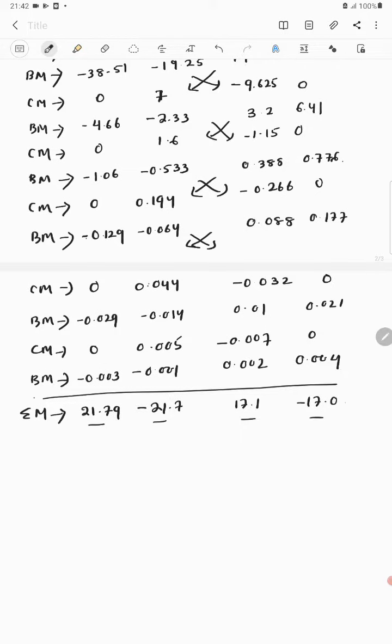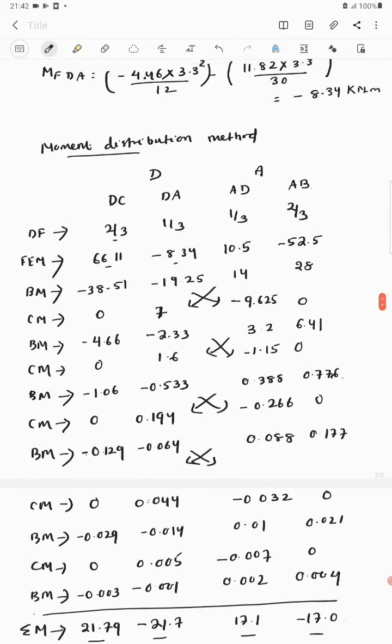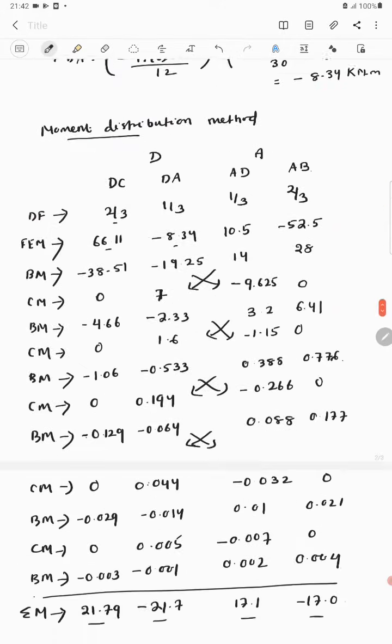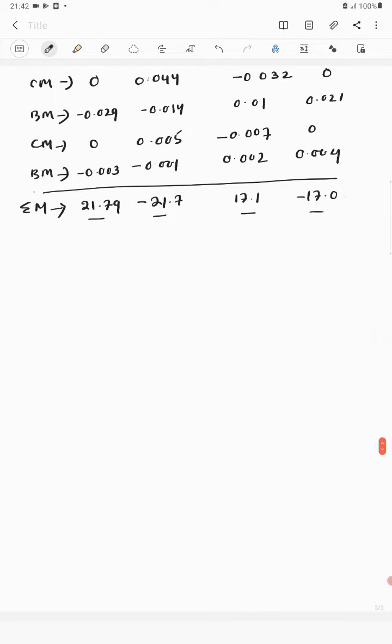Now we'll calculate the net bending moment at E and F and in the sidewall. So for span AB, what is the free end moment at E?